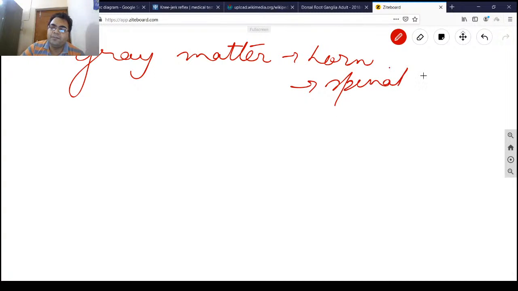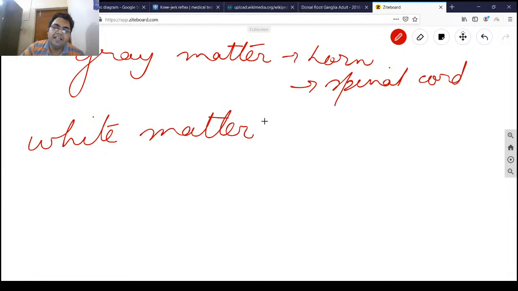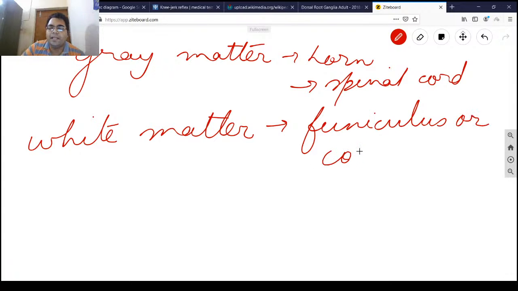You can write it down, very essential anatomical term. White matter was earlier referred to as funiculus, but now it is referred to as column in case of spinal cord.